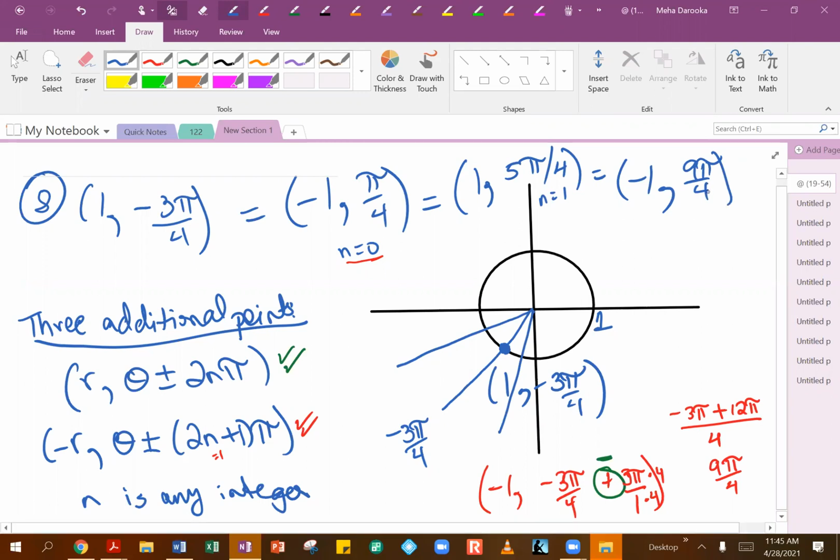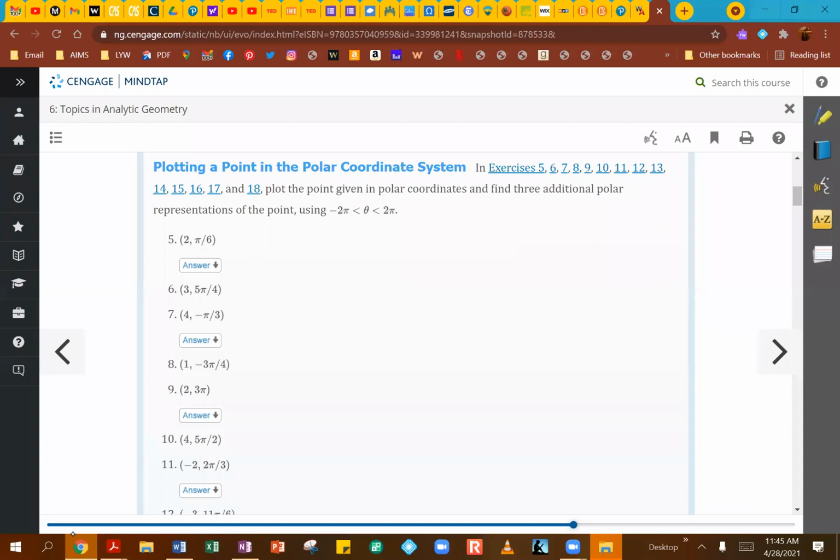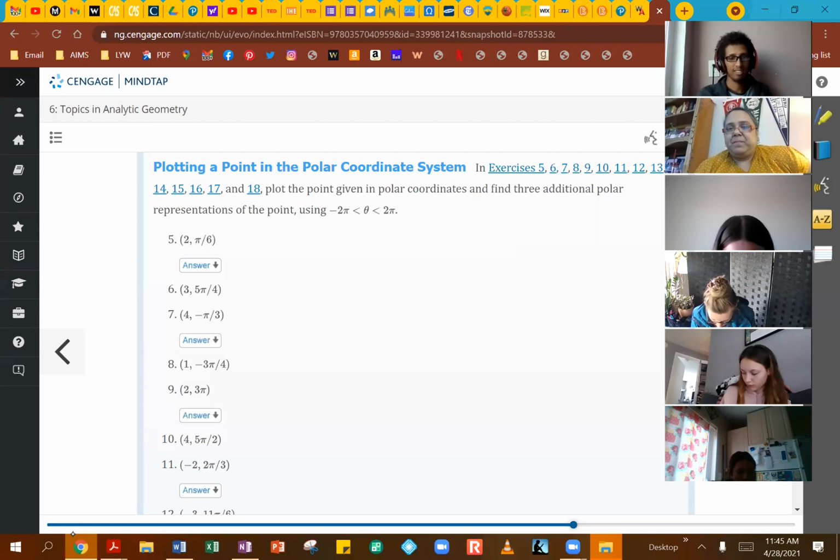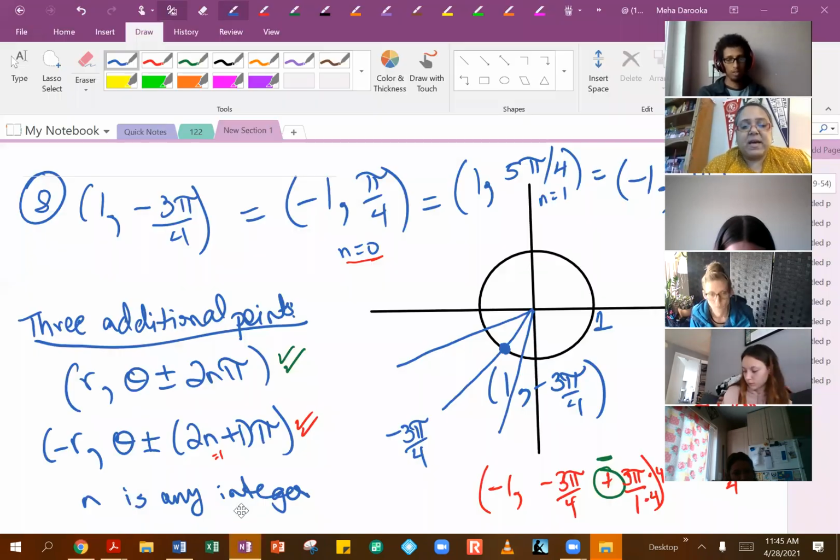Now, let me ask you something. Is 9 pi over 4 going to be within our range of -2 pi and +2 pi, or is it outside of it? It's outside, right? Because 8 pi divided by 4 is going to give you 2 pi, which means 9 pi over 4 actually falls outside the range that we have over here.